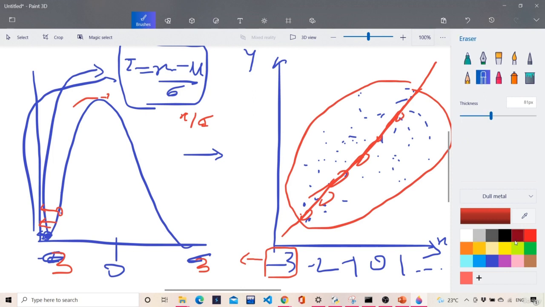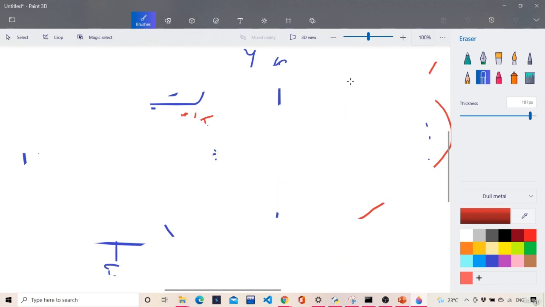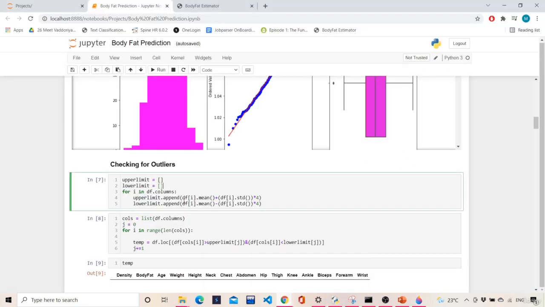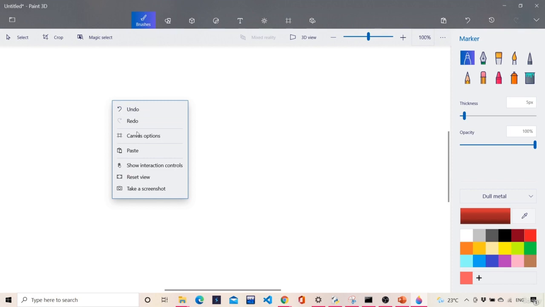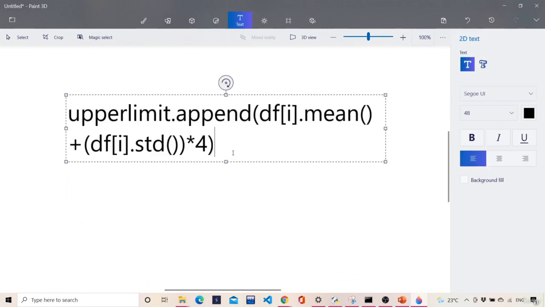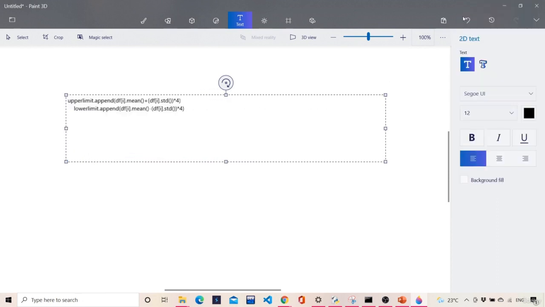So basically what this entire thing is saying is this. Okay, just a second, I'll just erase it. Yeah, over here if I just look at the formula, so this kind of formula is being used here.